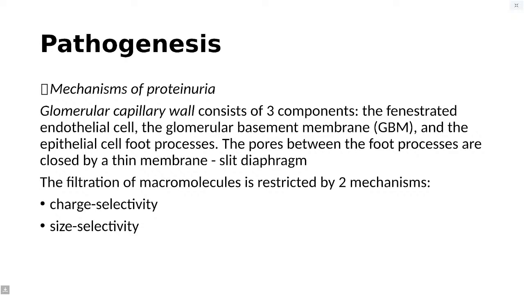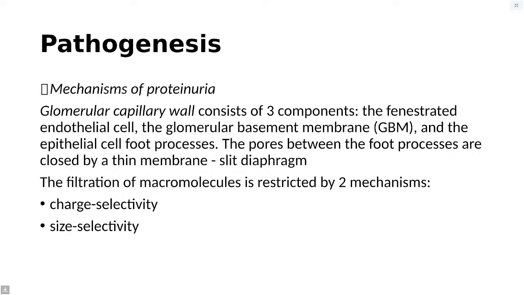The pores between the foot processes are closed by a thin membrane, and the name is slit diaphragm. The filtration of macromolecules is restricted by two mechanisms: charge selectivity and size selectivity.